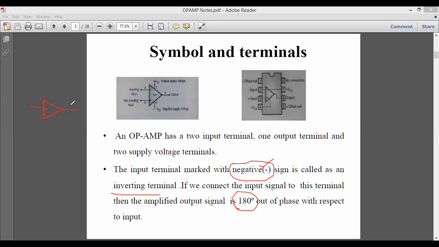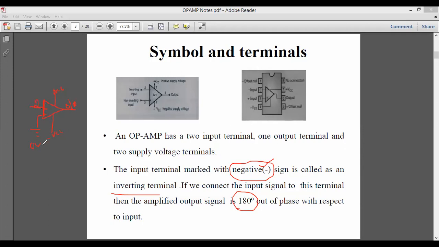So if I assume that this is my output, and this is my plus VCC and this is my minus VCC. The positive terminal I give to ground, or simply you can say 0 volt. Now what does this minus represent? This minus represents pin 2, right?